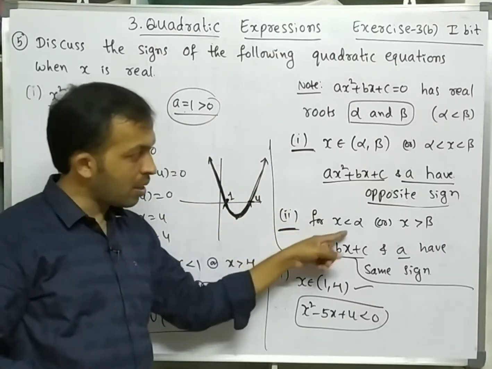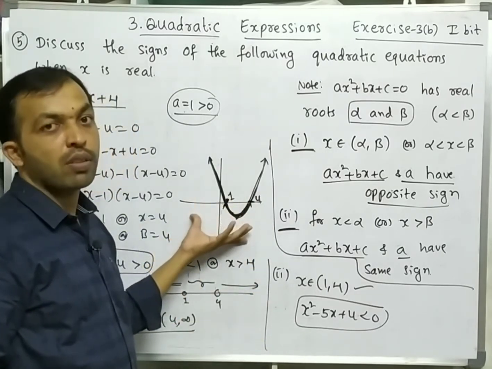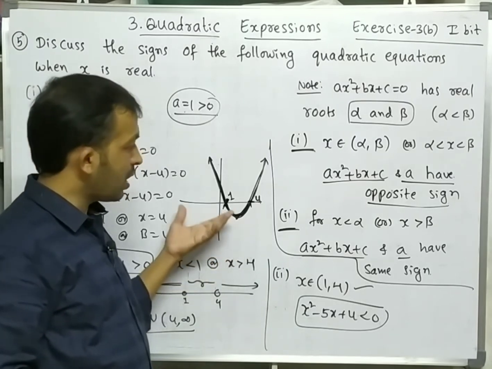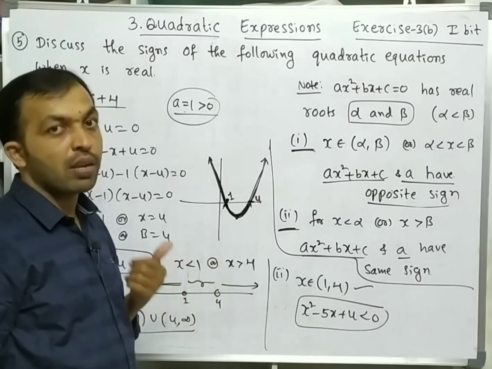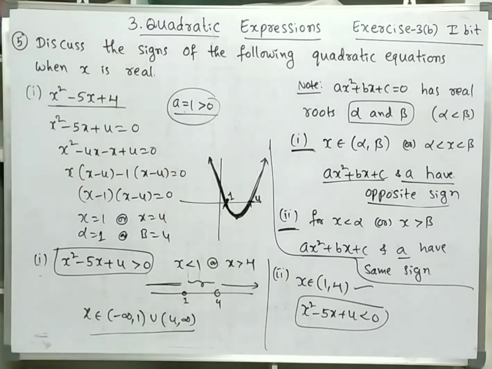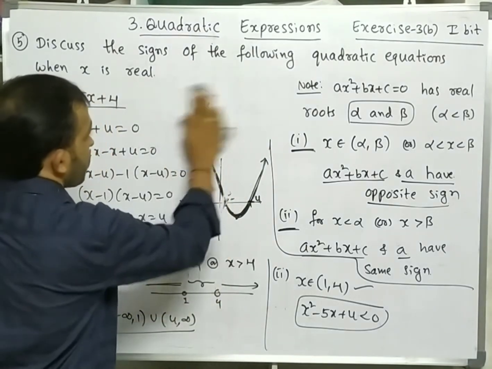So by using this property we can write, or if we know the graph, then also we can say where the values are positive and where the values are negative. Try to understand the graphical representation also. Another way we can say it: already you are familiar with differentiation.